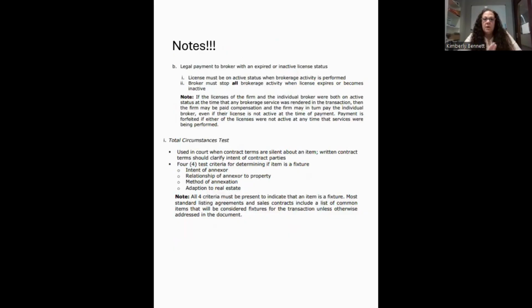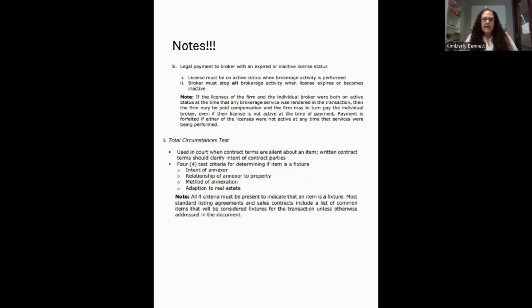And then there are notes within the syllabus. So I pulled out a couple. Here it's talking about the license of a firm and the individual broker, which both must be active at the time that the brokerage services are rendered.